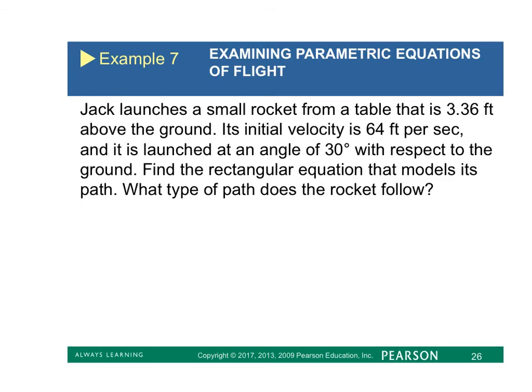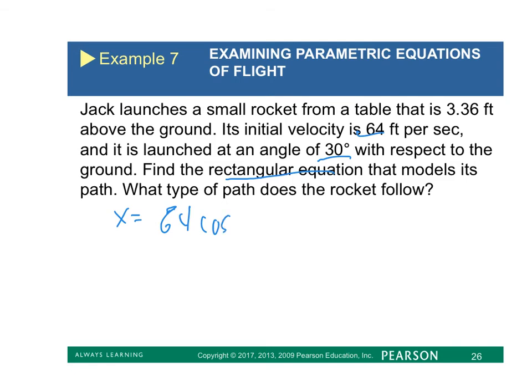Jack launches a small rocket from a table that is 3.36 feet from the ground. The initial velocity is 64 feet per second and is launched at an angle of 30 degrees. So find the rectangular equation. That's different. We know what it is in parametric. The velocity was 64.